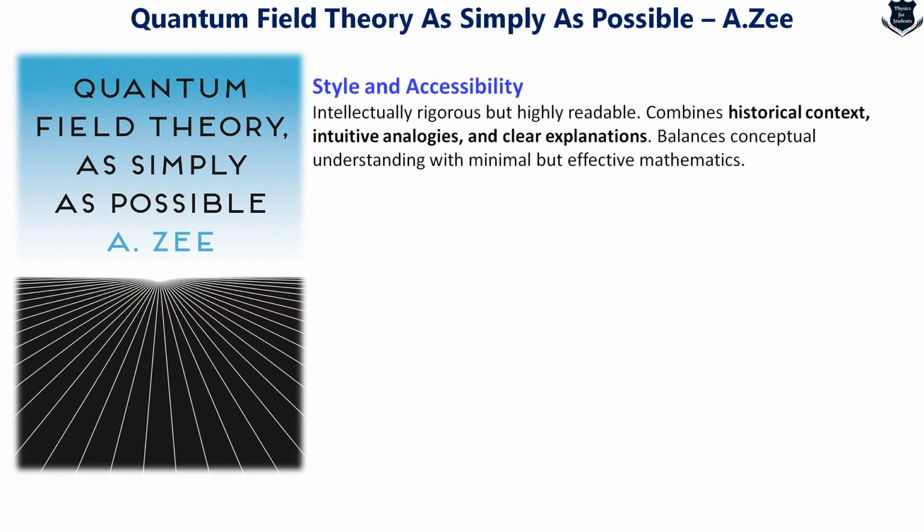And finally, I would say it is written with such beautiful historical context and clear explanations that it makes the book, I think, one of the best books in quantum field theory that I have read till now.